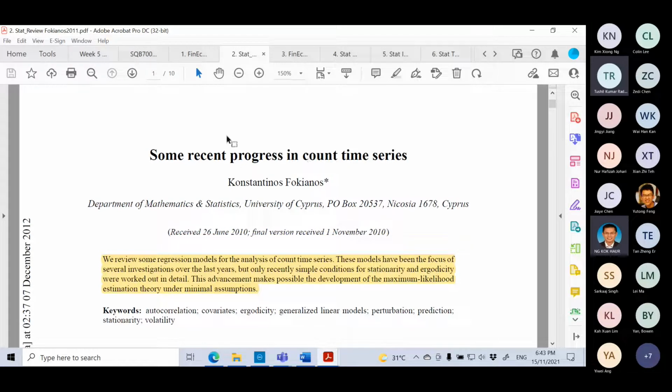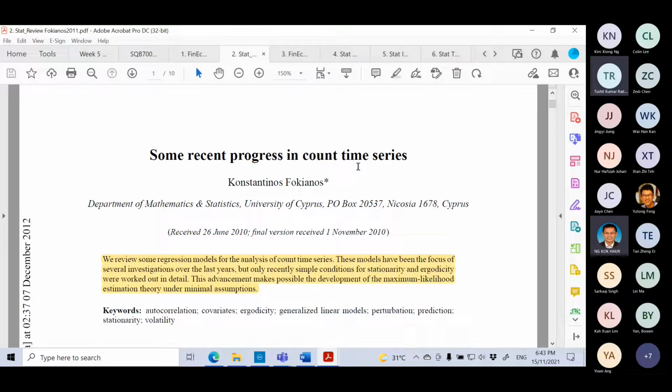So in this paper, they first review some regression models for the analysis of count time series.